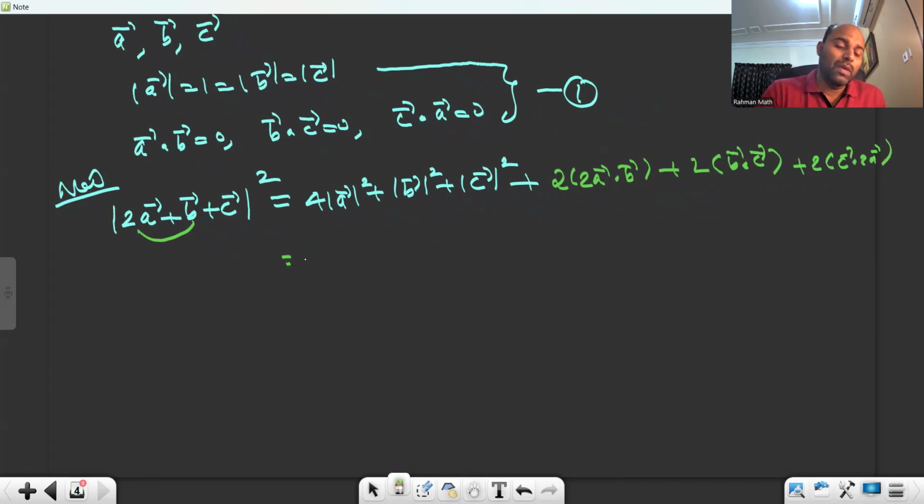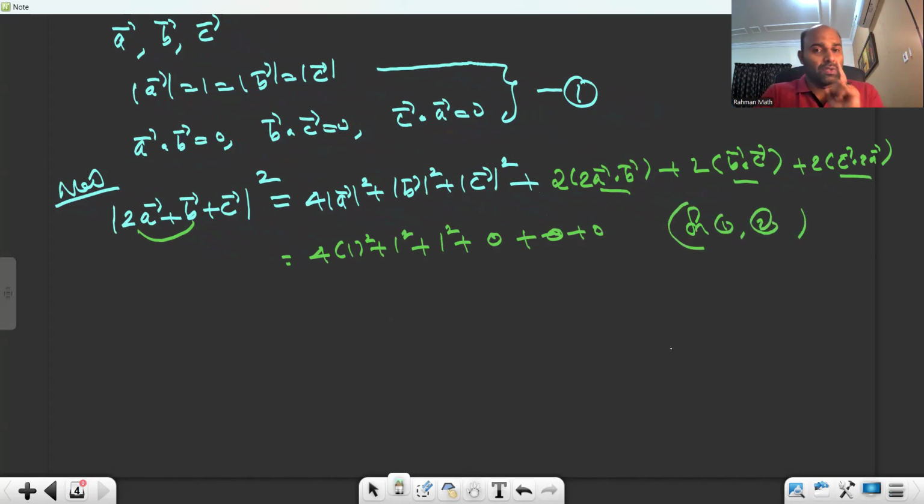The A square value we already have as 1. So 4 into 1 squared, again 1 squared, again 1 squared. A dot B is 0, B dot C is also 0, C dot A is also 0, because it is already there in the question. Here you can write from 1 and 2.